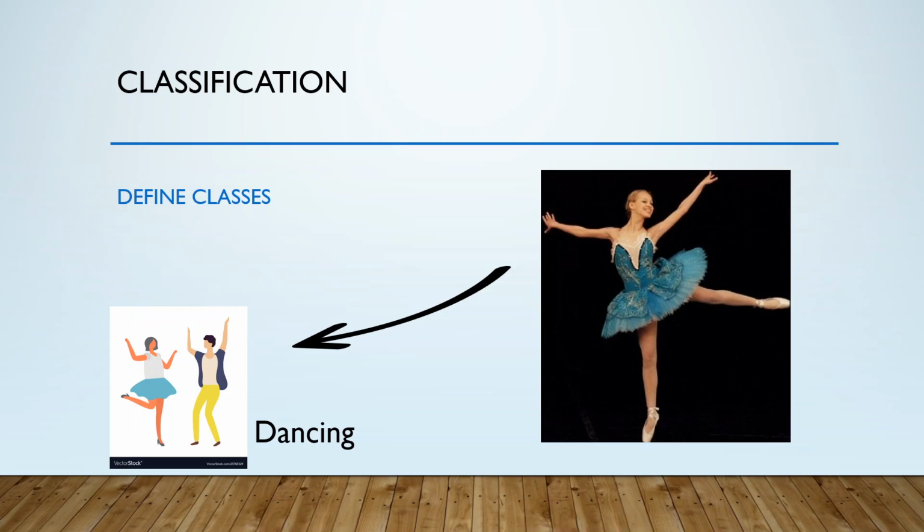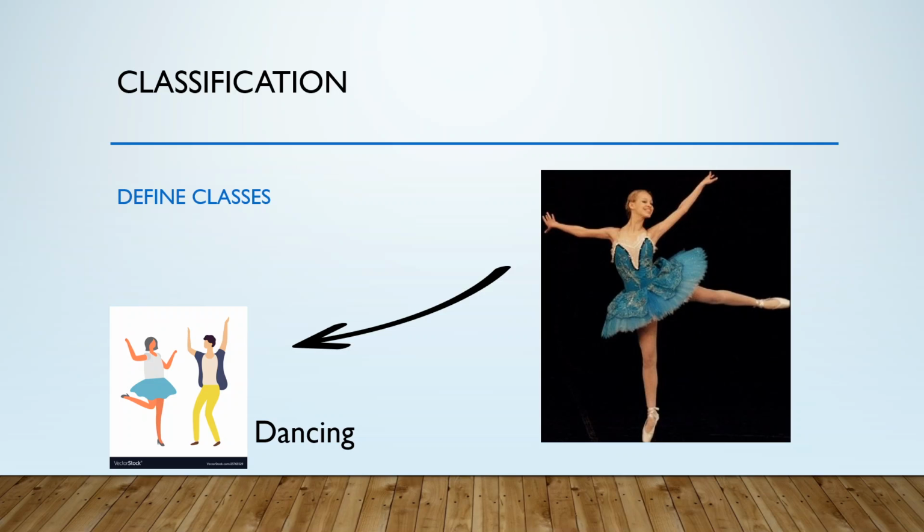So which posture will it be? It will be a dancing posture based on the features we have calculated and the model that has been trained. So if your system can properly classify this unknown image into the dancing posture, that is the correct result. So the accuracy of your classification will go up.